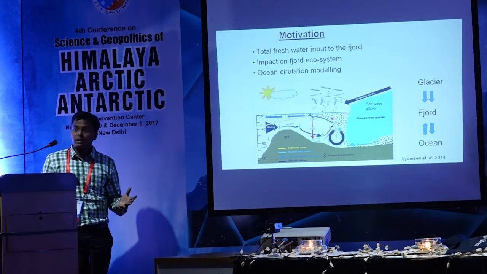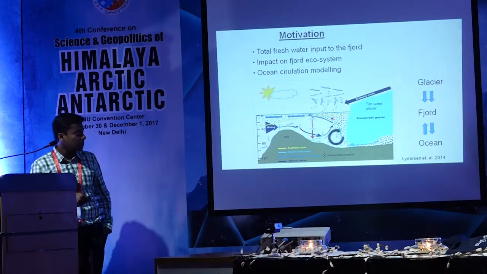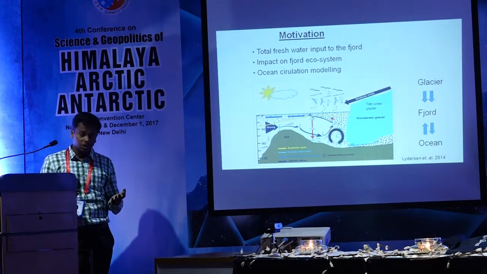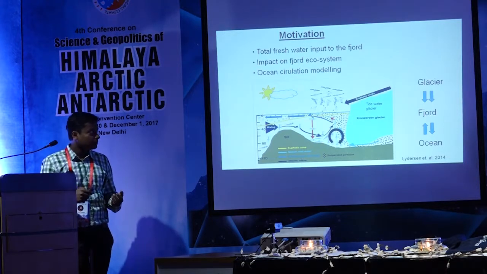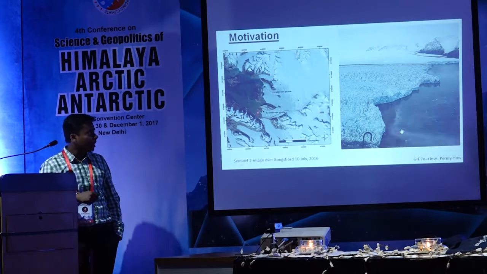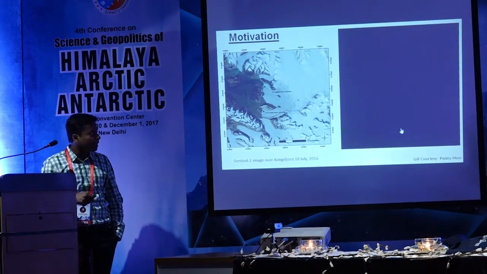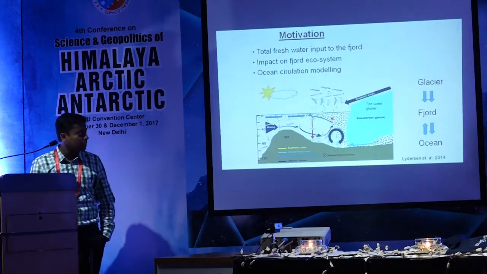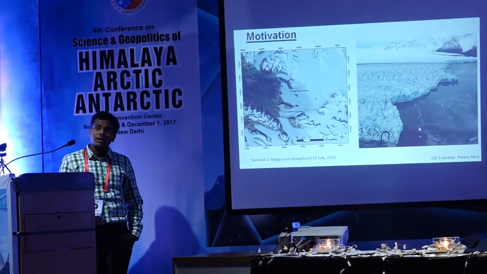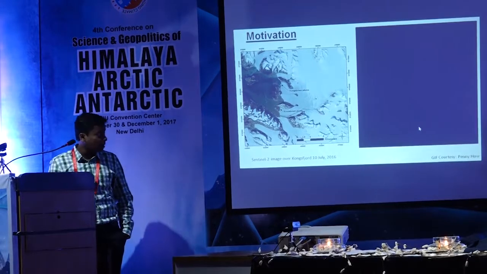Now glacier meltwater is fresh water, whereas the fjord water is saline, salt water. When these two mix with each other, it creates a plume. So if you look at a tidewater glacier front in summer, you will see a lot of brown water in front of the tidewater glaciers, and that is because the glacier fresh water is mixing with the fjord water.